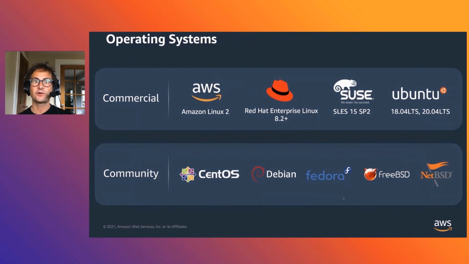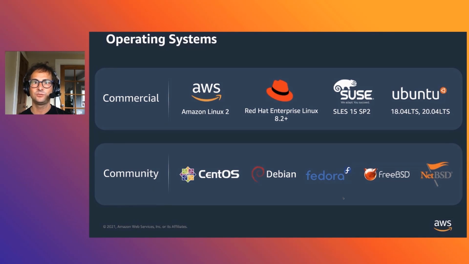In terms of operating system support, the Graviton2 based instances are supported by all the major Linux distributions. Of course, you can use and benefit from Amazon Linux too, and we've taken all the care we could to ensure that you would get the best performance out of them. Red Hat is also an excellent alternative.